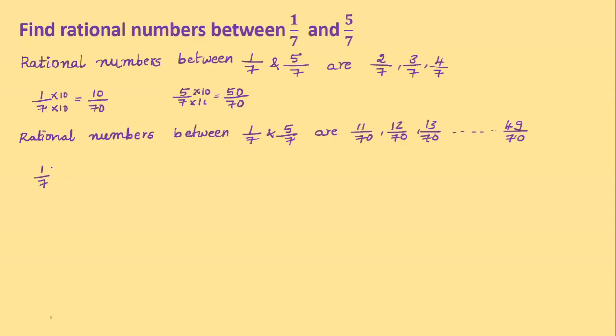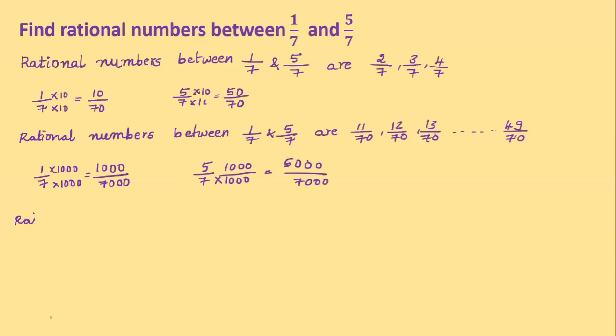Now, if I multiply both numerator and denominator by 1000, that becomes 1000 by 7000. For 5 by 7, if I multiply both numerator and denominator by 1000 to write the equivalent fraction, that becomes 5000 by 7000.